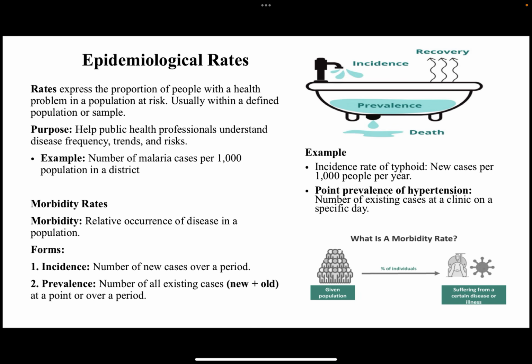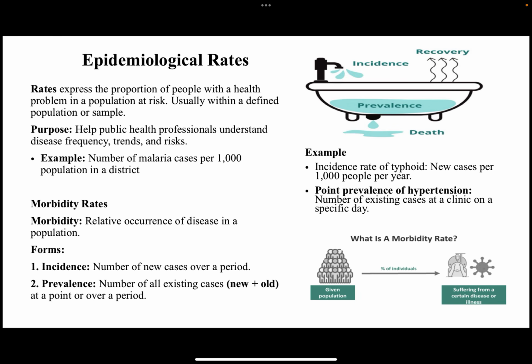If the number of malaria cases is 50, that means that in a population of 1,000 people, 50 people are affected by malaria in a defined period of time.